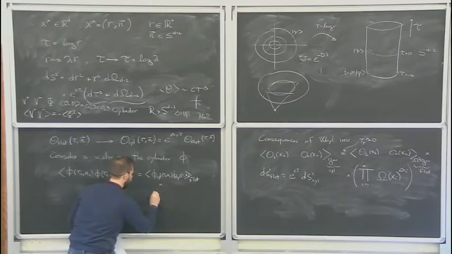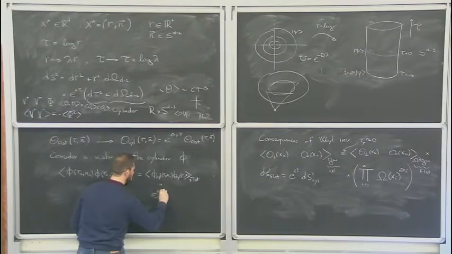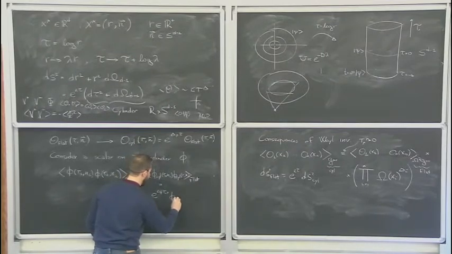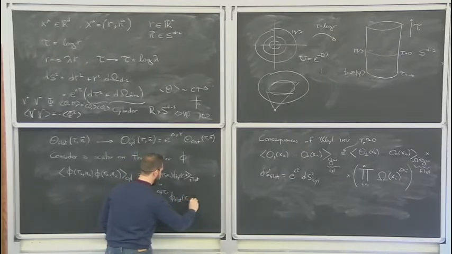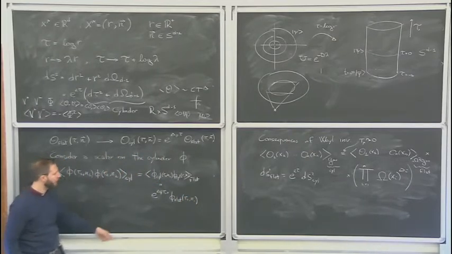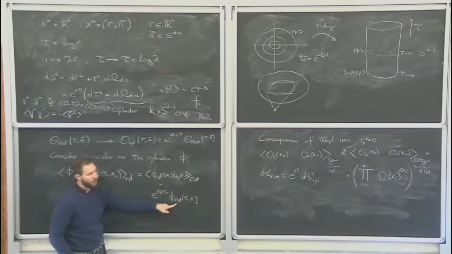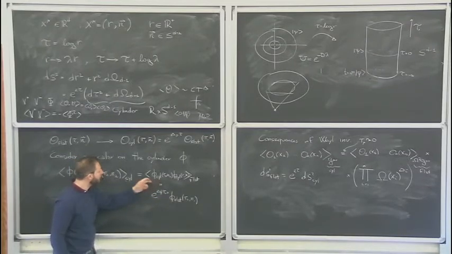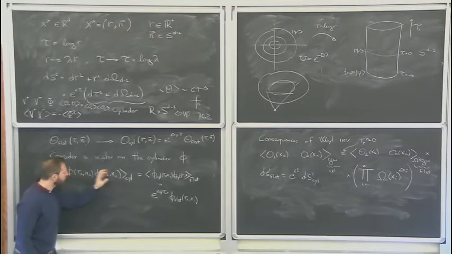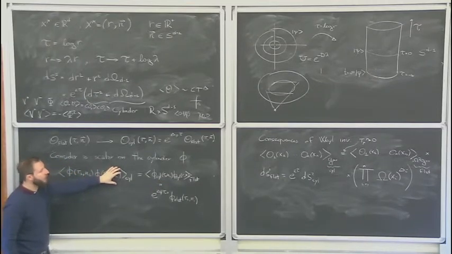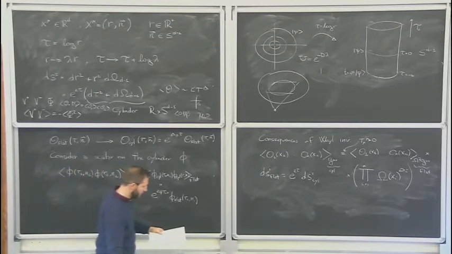Phi cylinder is e^(delta_phi tau_1) phi flat. And we already know how correlation functions of phi flat look like. We obtained them yesterday. So you just rescale them and you get correlation functions of phi cylinder, and this should correspond to computing correlation functions directly on the cylinder. Let's make an example.